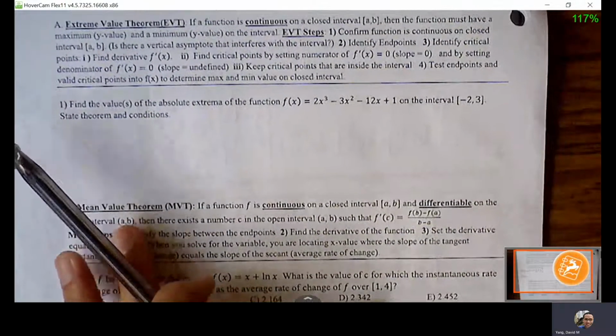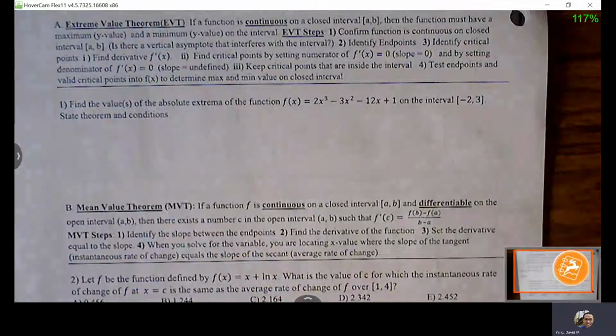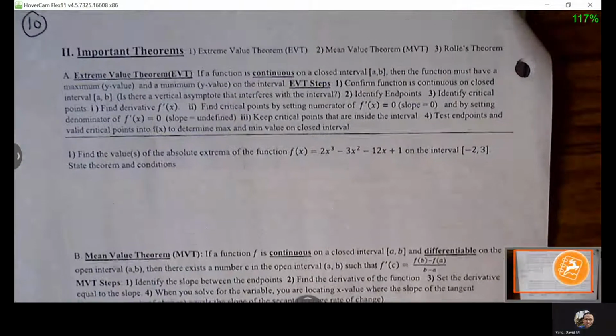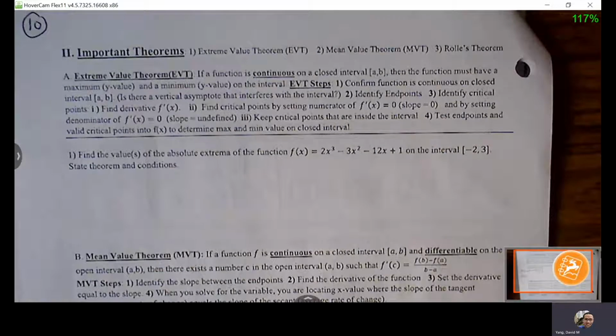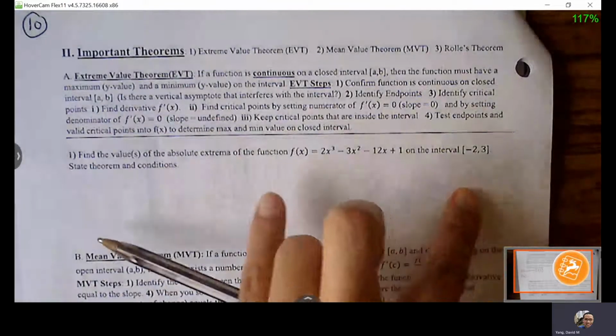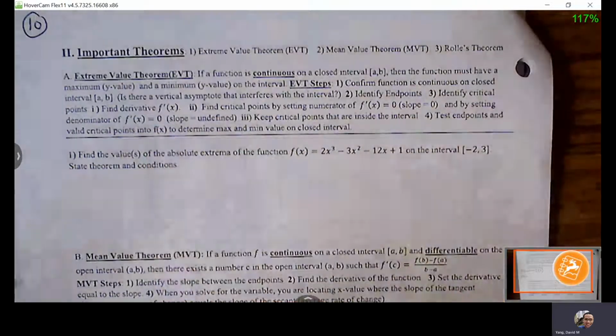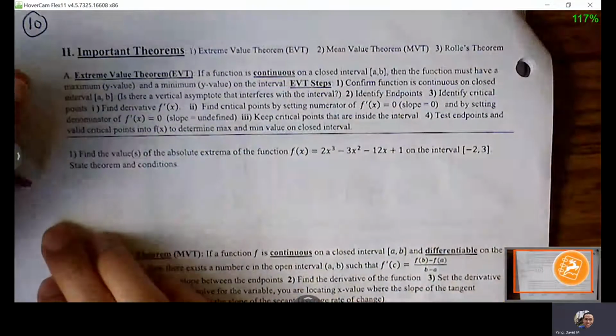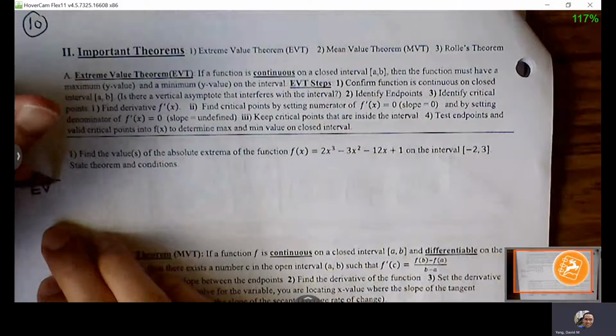So number 1, let's practice an extreme value theorem problem. Okay, so let's find the value of the absolute extrema on the interval from -2 to 3, state the theorem and conditions. So if I want to find absolute max on the closed interval, that's automatically extreme value theorem. So we know we're using EVT.